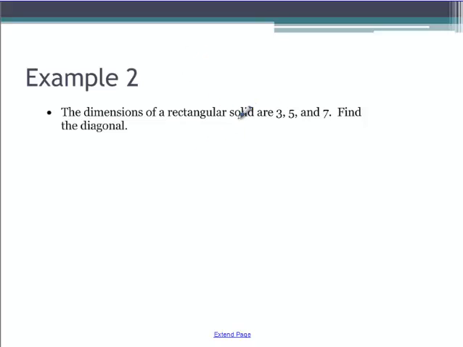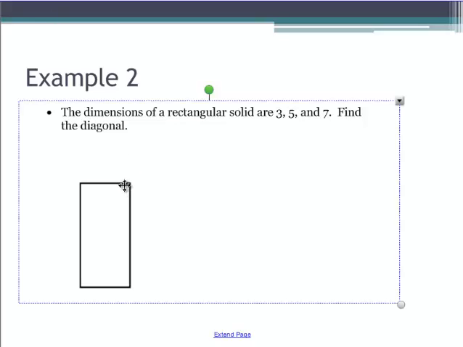We have a rectangular solid where the dimensions are 3, 5, and 7. Find the diagonal. So, rectangular solid. Let me draw a rectangle, and let me copy this rectangle.